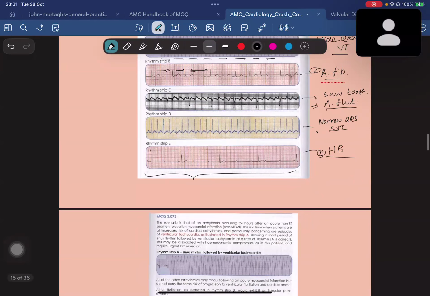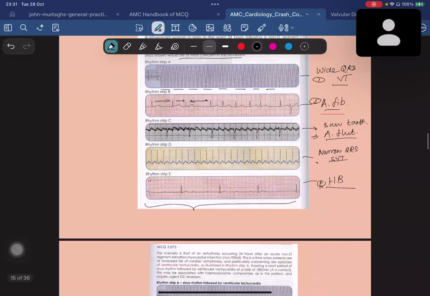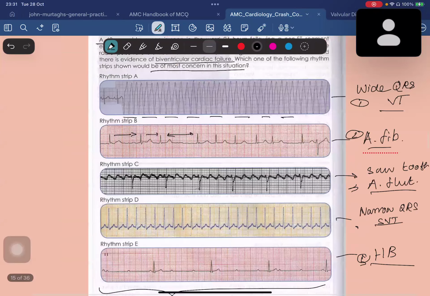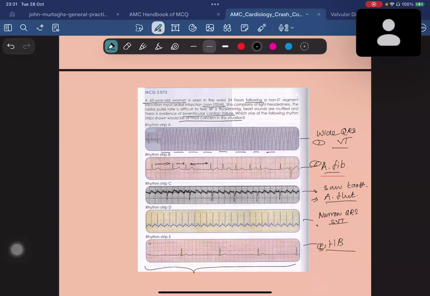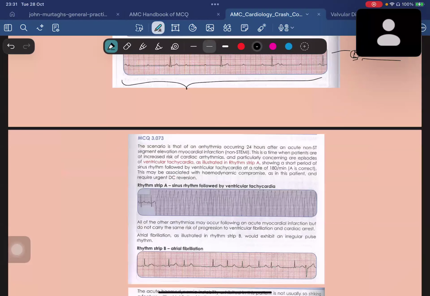So why I used this question here was to show that from our little note, I know it doesn't have lots of information, but it did have enough. The answer for this question is ventricular tachycardia.